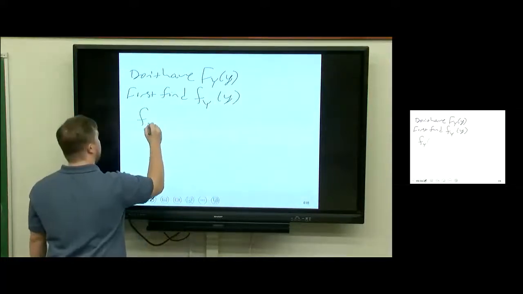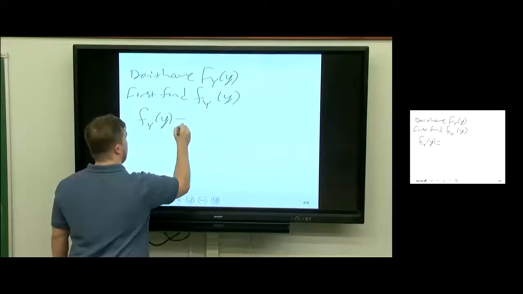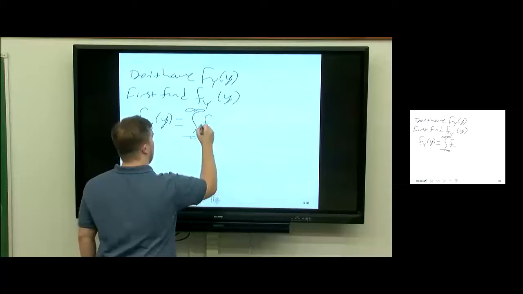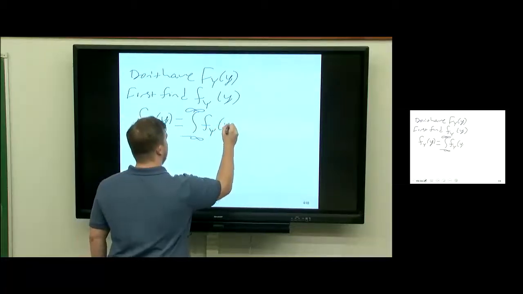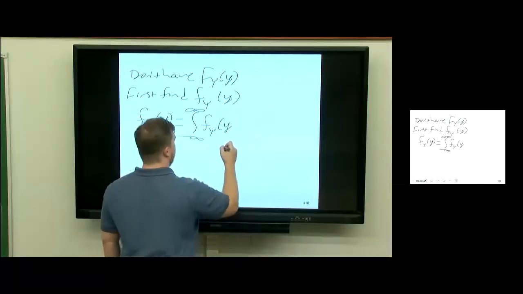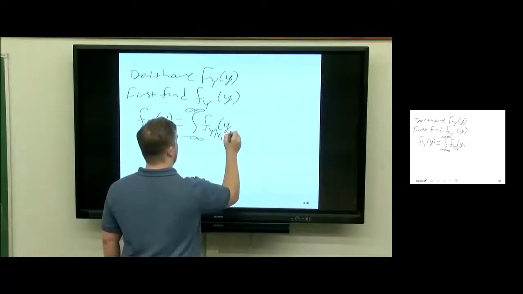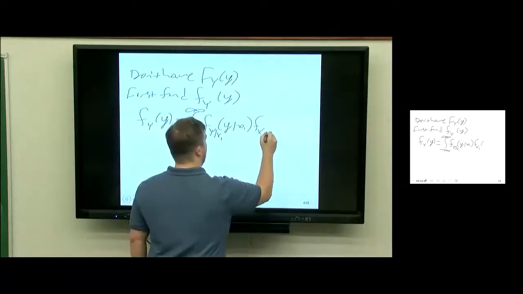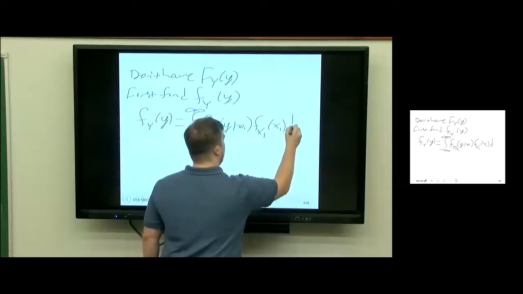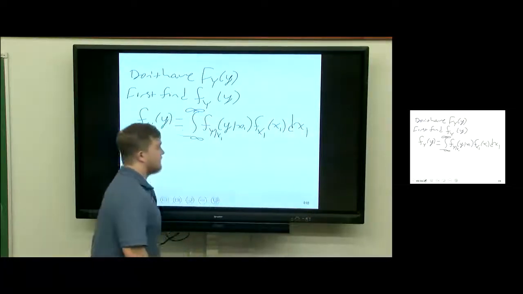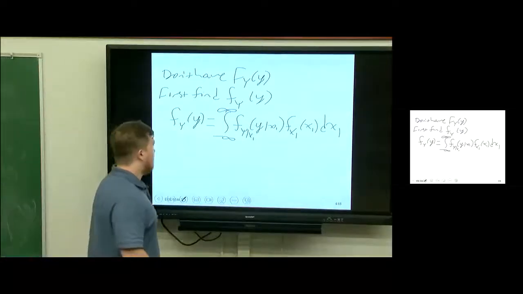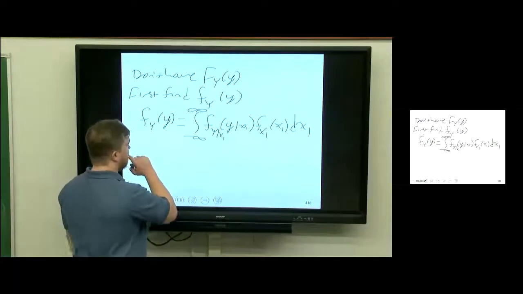And we'll compute that like this, because we have the conditional probability of y given x1. Does that make sense? Okay. So we can simplify this.